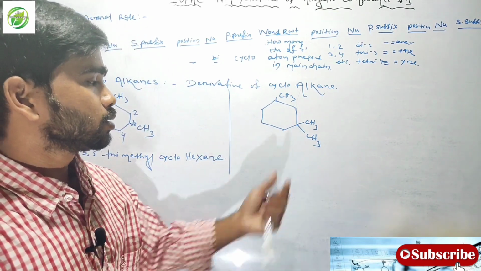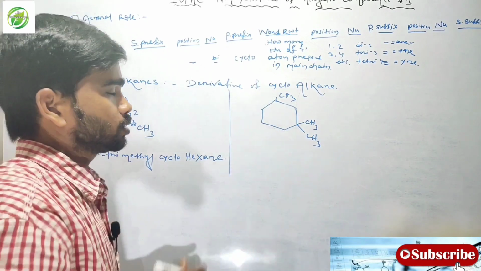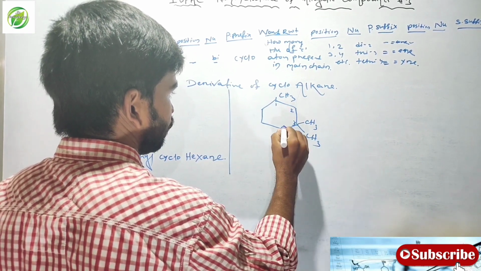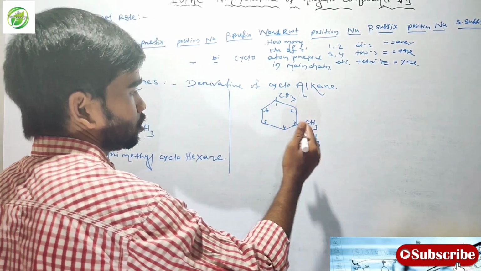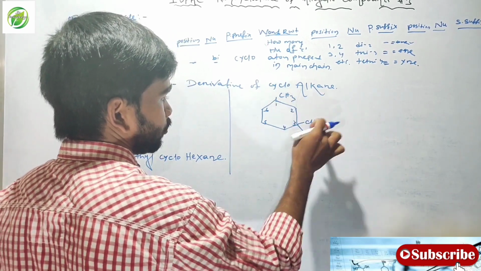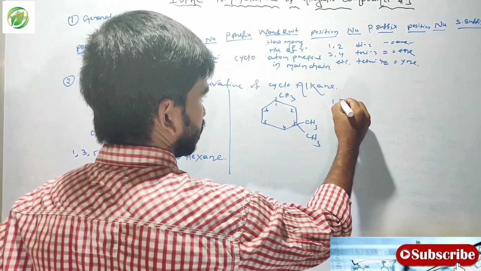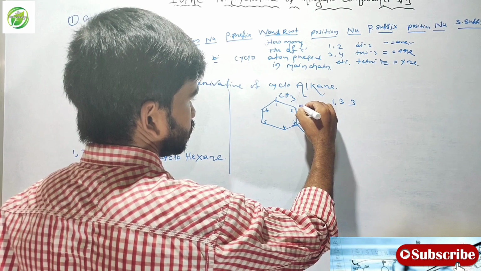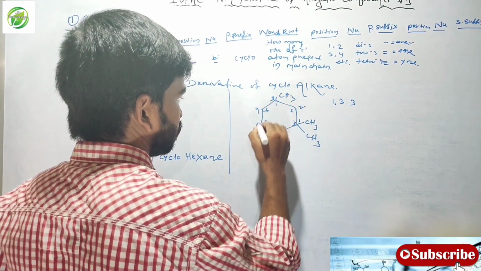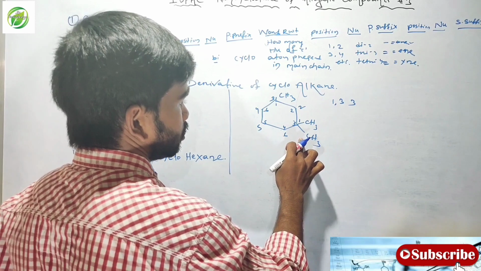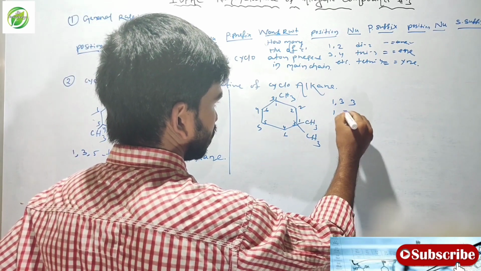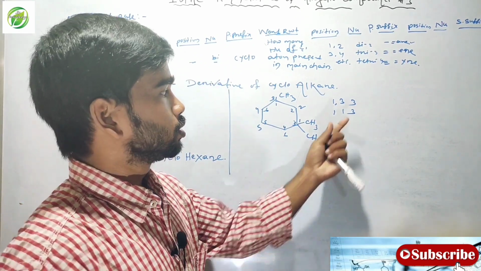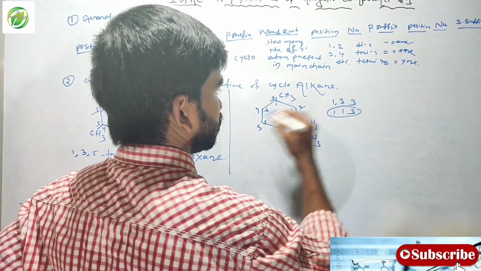Friends, in this case, some difference is present. Friends, we start numbering from this side, that is 1, 2, 3, 4, 5 and 6. So the methyl groups are present at 1, 3 and 3 positions. Let's start numbering from the opposite side, that is 1, 2, 6. The numbering of the methyls present is 1, 1, 3. So friends, we already discussed, this is our correct numbering.